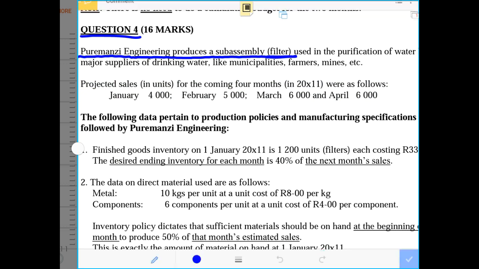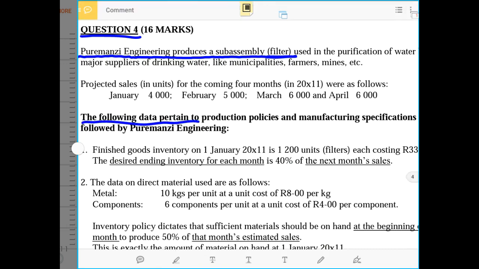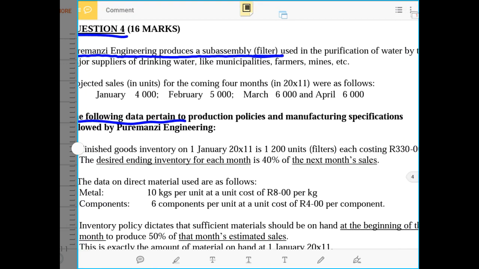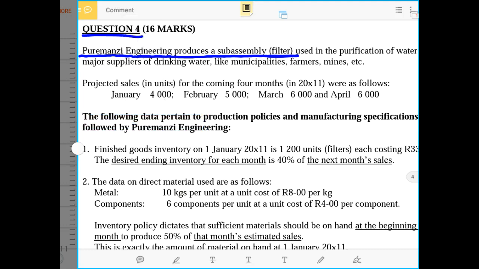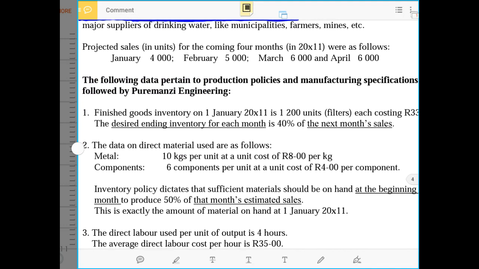Then they give the following data pertaining to production policies and manufacturing specifications followed by Prezi Ltd. These are the data specifications being followed by this company, being an engineering company.